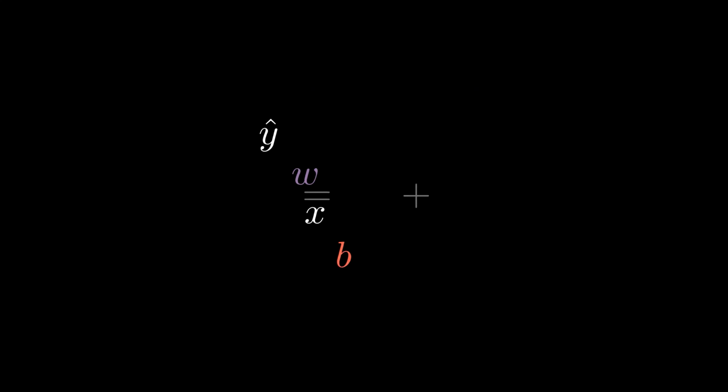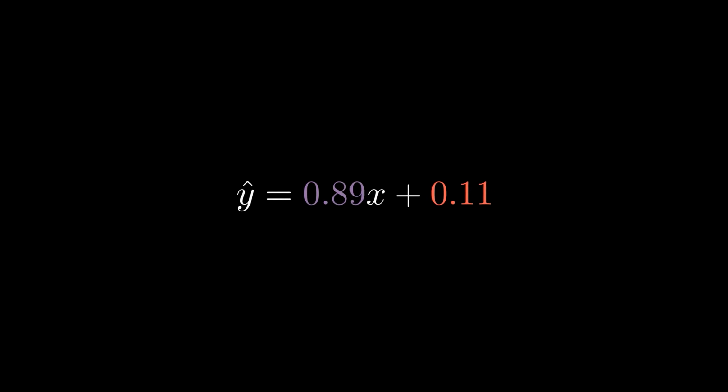In machine learning and deep learning, w and b are called model parameters. And it's these parameters that the model has to learn because we know all else about our model apart from these parameters, w and b.